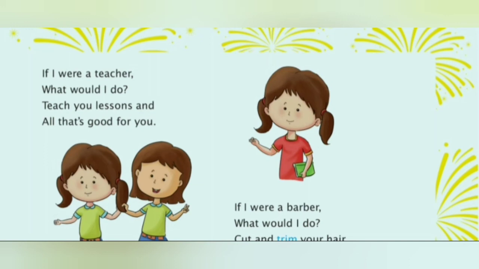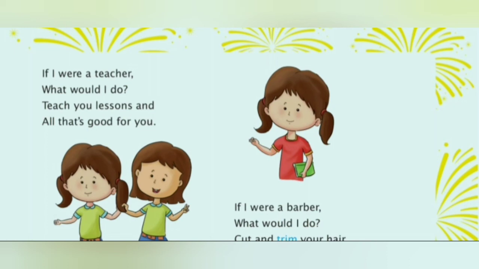Fine. Now come along with me. If I were a teacher, comma, single flow. If I were a teacher, what would I do? Ask a question. What would I do? Question mark. Next, teach you lessons and, see, there comes a connecting word.